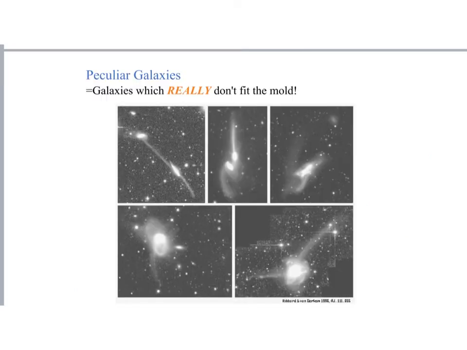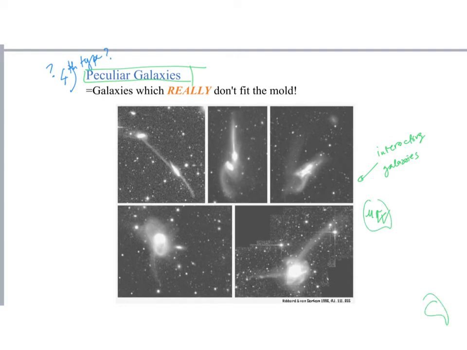And then that would probably be a fourth type. There are the so-called peculiar galaxies. They really don't fit the mold, all right? Those usually are also called interacting or dancing if you want, and it's basically what's going to happen with the Milky Way and Andromeda.